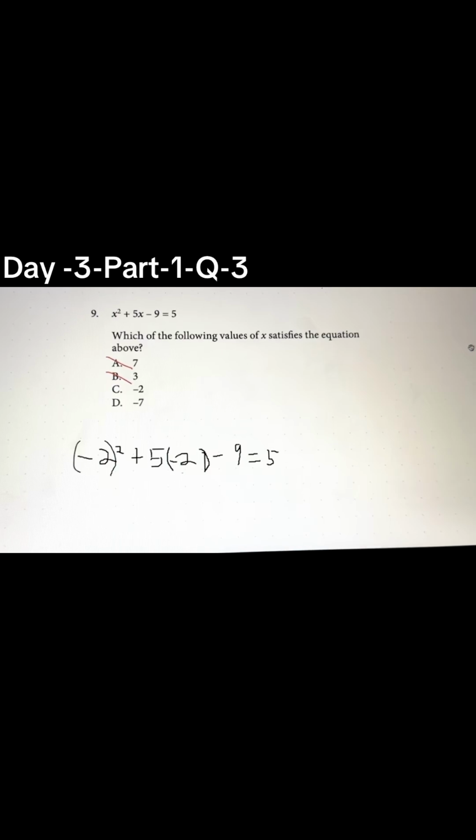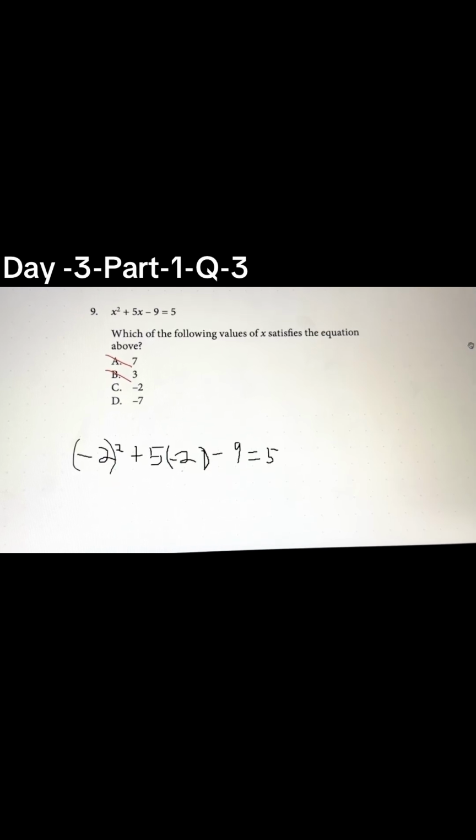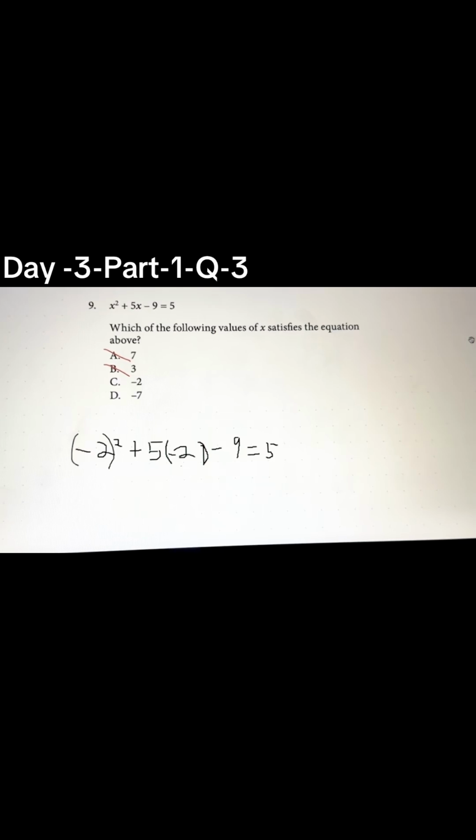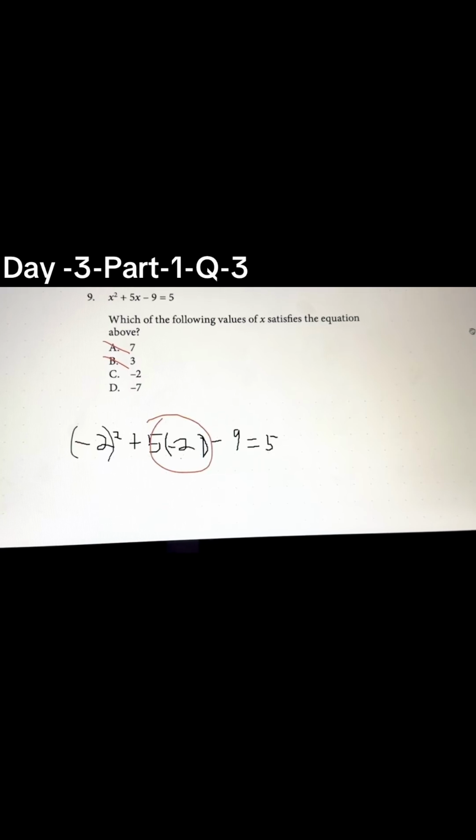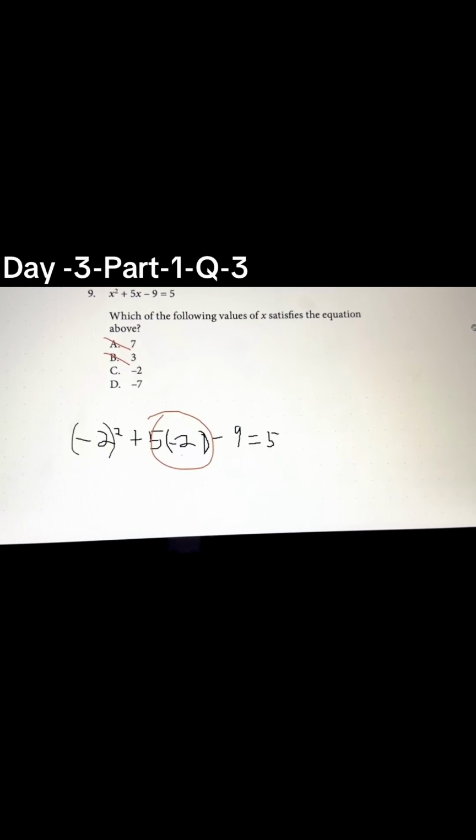So let's simplify that. What does that equal? Okay, so positive 4 plus 5, that's 9. 9 times negative 2 equals... Well, hold on. We still got to do PEMDAS here, right? Because that 5 right here is being multiplied by the negative 2. So remember, in PEMDAS, addition and subtraction are last.